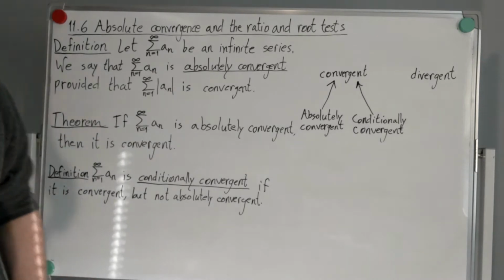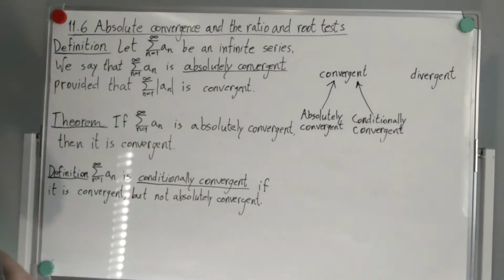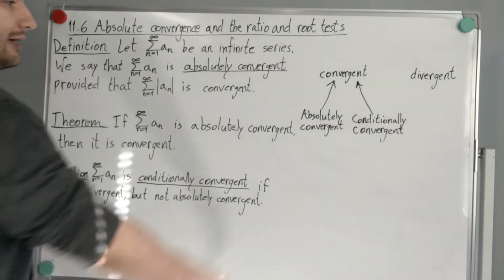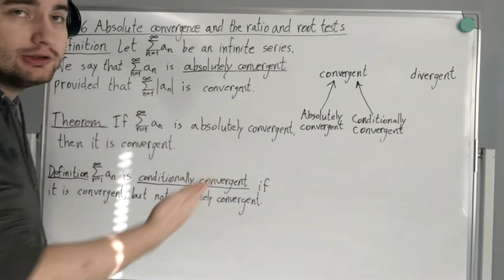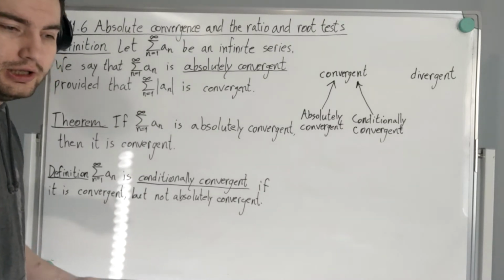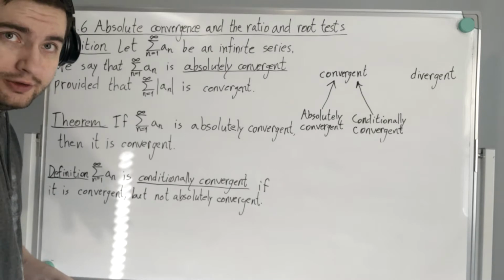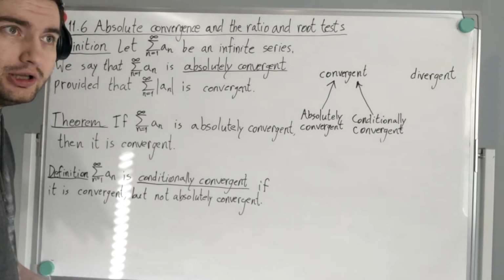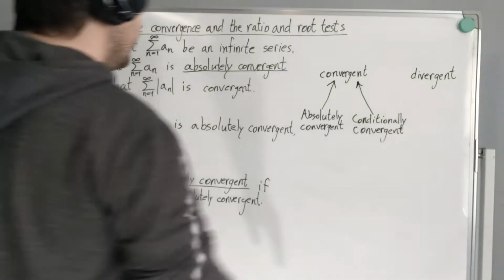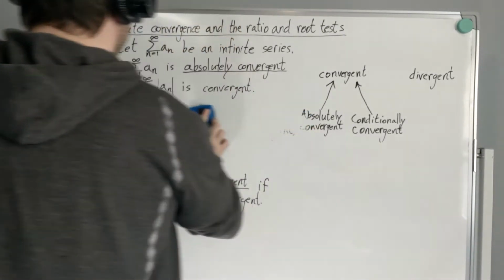So, by this theorem, if you can show that a series is absolutely convergent, then you've got that it's convergent, right? That's actually easier to show often than just showing that it's convergent right from the off. Okay, so why don't we do some examples in which we illustrate that.